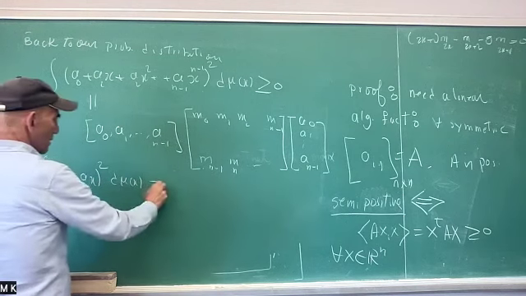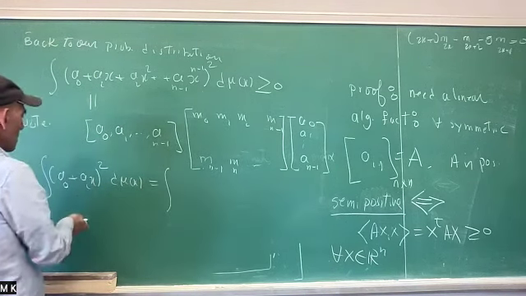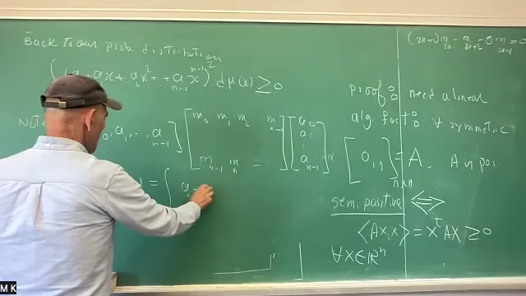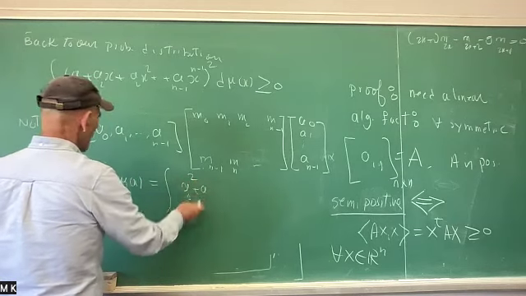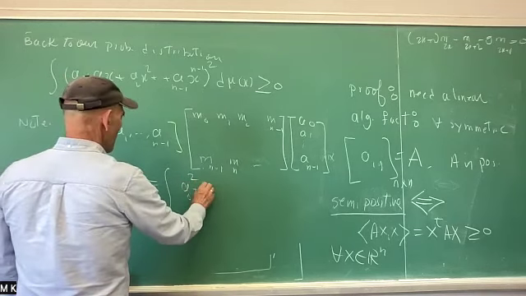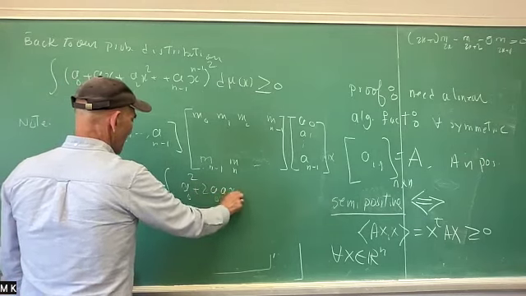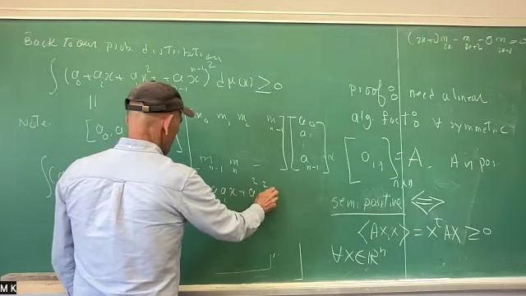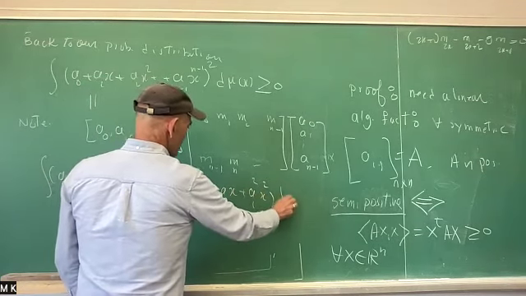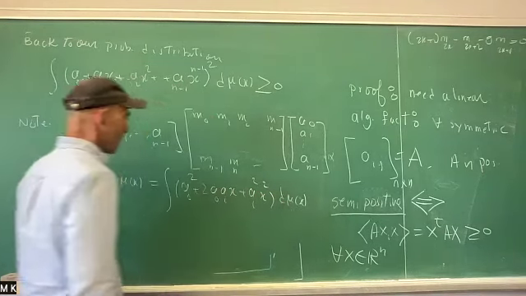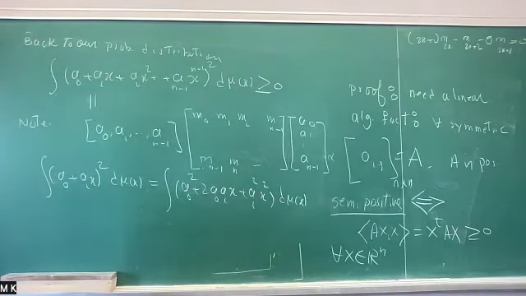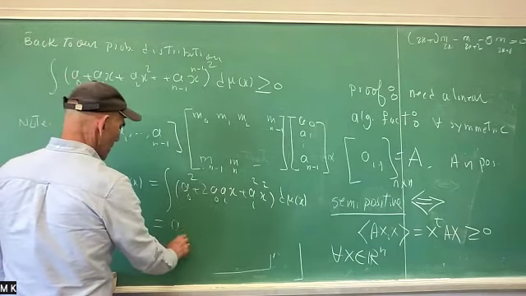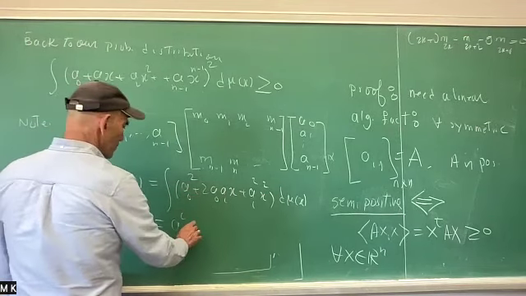If you just square this, you get a0 squared plus 2 a0 a1 x plus a1 squared x squared d mu of x. If you compute one by one, you get a0 squared, and the integral of 1 is what we call m0.